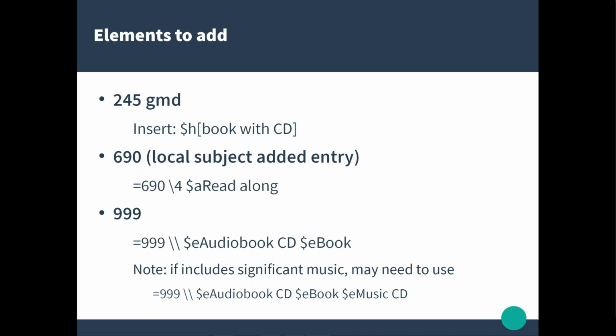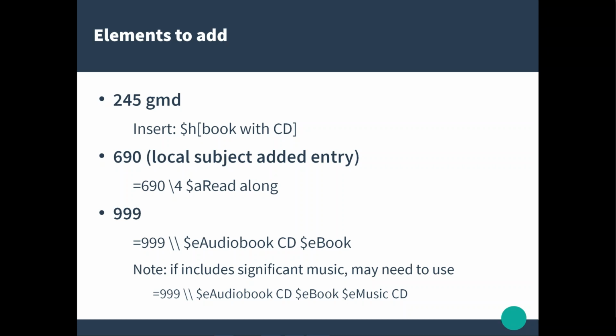And then with the 999 field, it's important to add both the subfield E's for the audiobook CD and the book as well. Now, if the item can include significant music, then you may need to also add a subfield E, music CD.